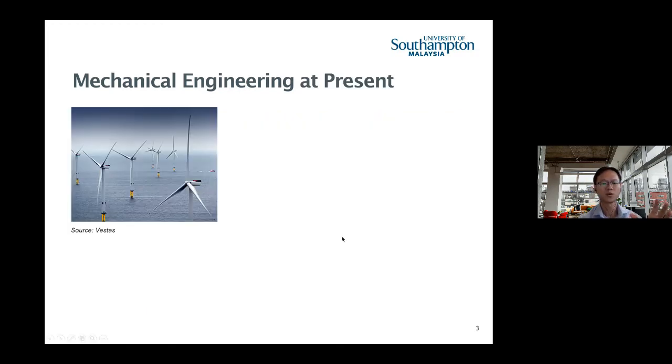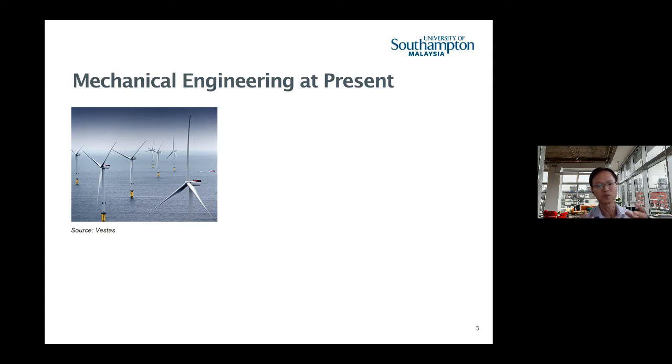Okay, so if you look at this image over here, what we have is a wind farm. So mechanical engineering is perhaps one of the most versatile branches of engineering. So starting off with a training in mechanical engineering, you could go off and work in the sustainable energy industry. In this example, you have a wind farm.